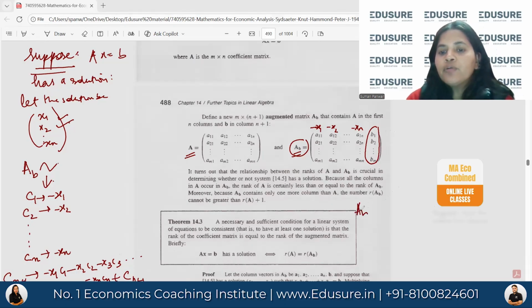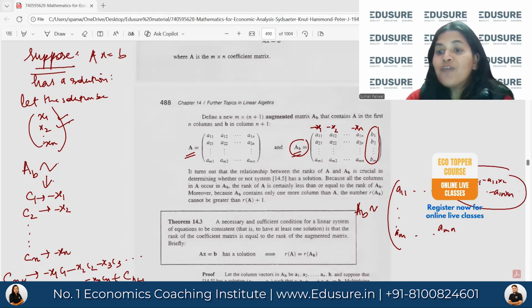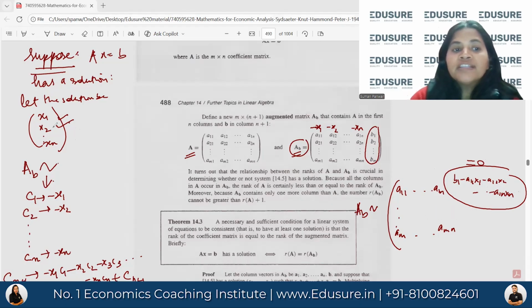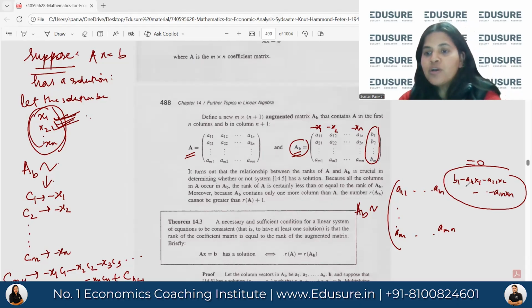So what is my [A|B] going to look like? It will be equivalent to a11 till a1n; the first m by n entries will be the same. The last one will be b1 minus a11 x1 minus a12 x2 till minus a1n xn. So this entry will be 0. Why will this entry be 0? Because this is a solution to Ax equals B. If this is a solution, b1 should be equal to a11 x1 plus a12 x2 plus a13 x3 till a1n xn.